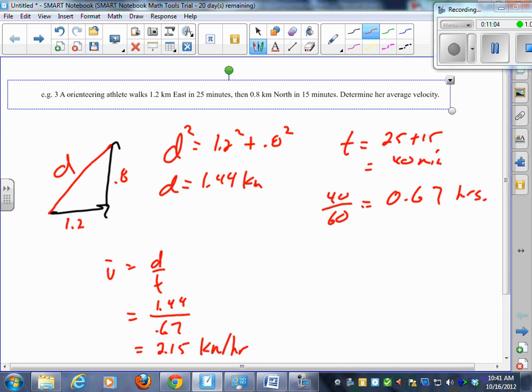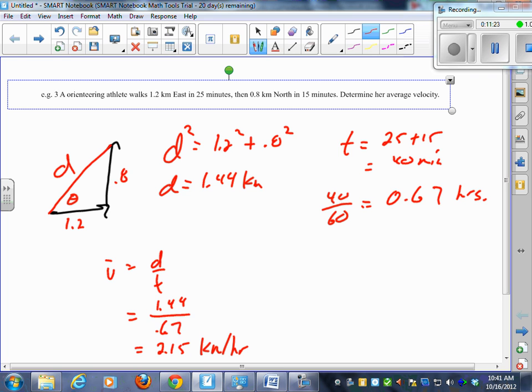Why, Mackenzie? Do you have to find the angle? Why do we have to find the angle? Because it's a vector and it has magnitude and direction. The general rule is if you've got east or north or west or south in the question, you're probably going to need it in your answer.